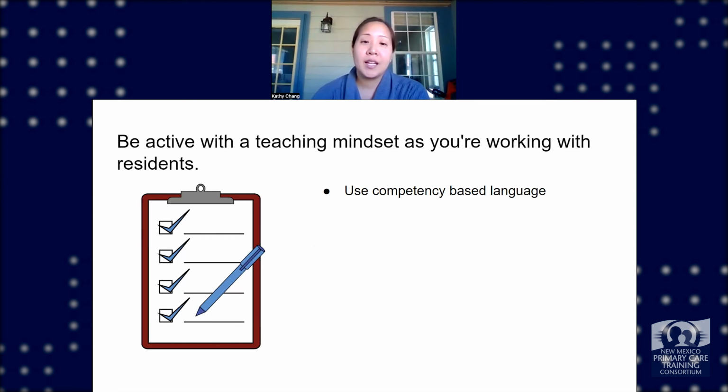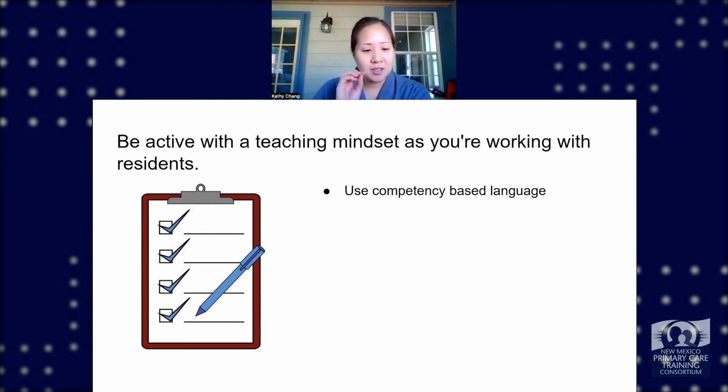So, using competency-based language. I like the ACGME Milestones 2.0, because if I'm not sure whether they were doing something at the level they should, I can go back and look. That first level was, can you do a differential on an acute issue? And then can you prioritize that differential? And then can you do that for multiple conditions, right? Or can you manage these conditions?